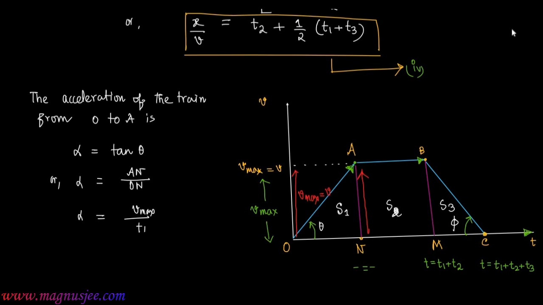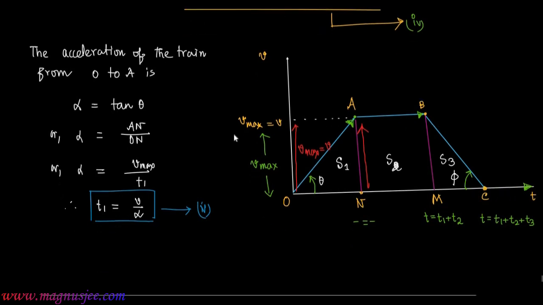Therefore, T1 is equal to V by alpha, which is equation 5.